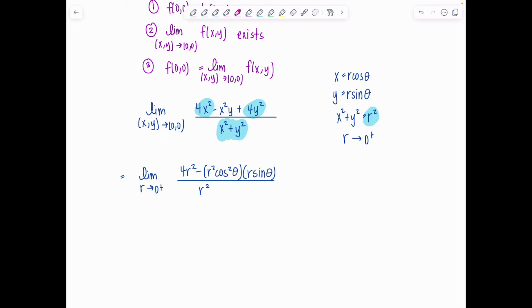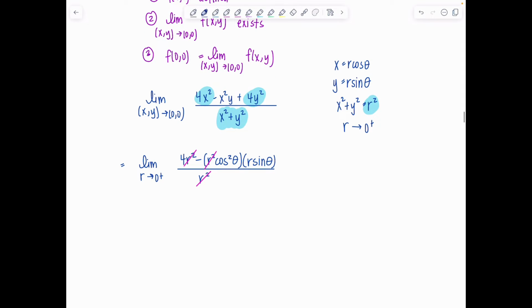Okay, well, hopefully you're noticing r squared cancels throughout the limit. Beautiful. And then now I have the limit as r approaches 0 from the right of 4 minus, let me put r cosine squared theta, sine theta following. And that's all that's left. Now, as r approaches 0, 4 isn't changing, that's a constant.